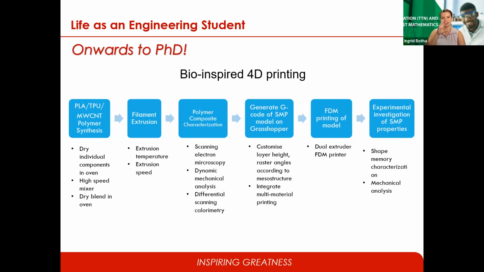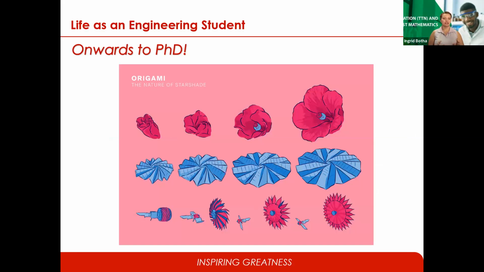So just to give you guys an idea of how bio-inspired designs have been used, this is a structure that has been inspired by the hibiscus flower and the blooming of this hibiscus flower. So by mimicking this structure in an origami type pattern, NASA has been able to create something known as a star shade.